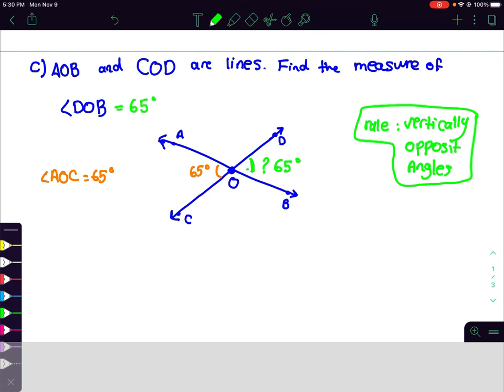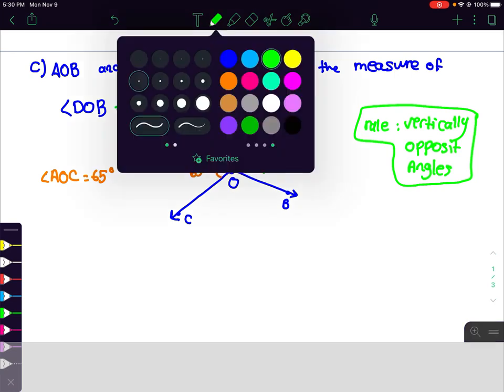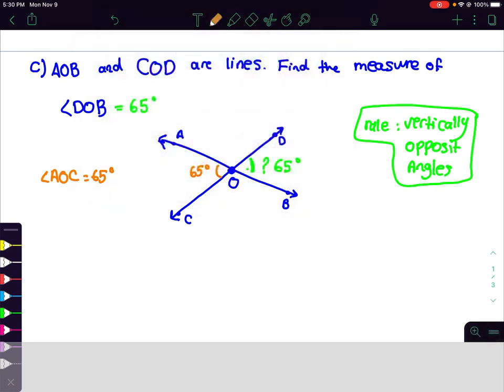And that's as far as it gets in your book. But I want to add to this question. For example, what is the measure of DOA? Or also, what's the measure of COB? Then what do you need to do?